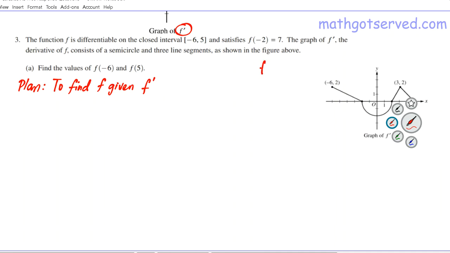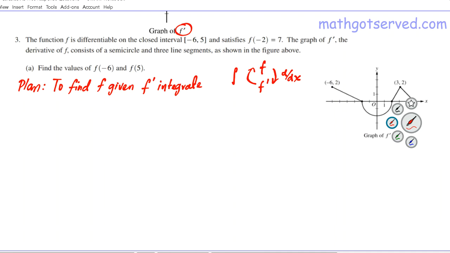If you have f, to go from f to f prime, you differentiate, right? So what do you do to go from f prime to f? You integrate, okay? So the plan is as follows. To find f from a given f prime and a point, we're going to integrate. All right, we're not just going to integrate.